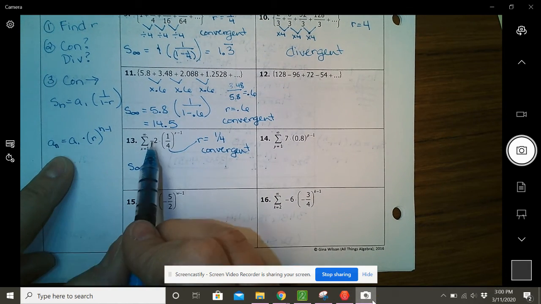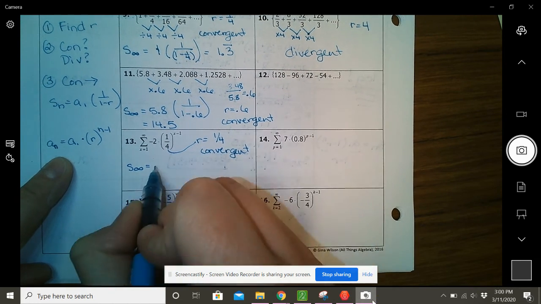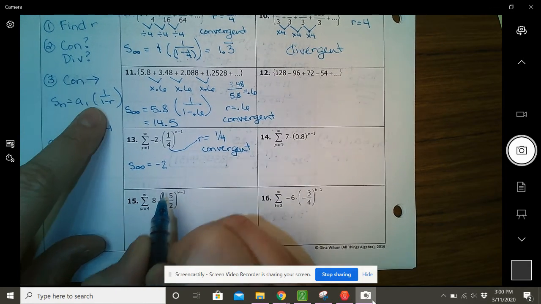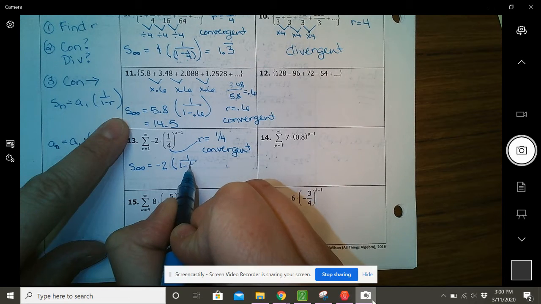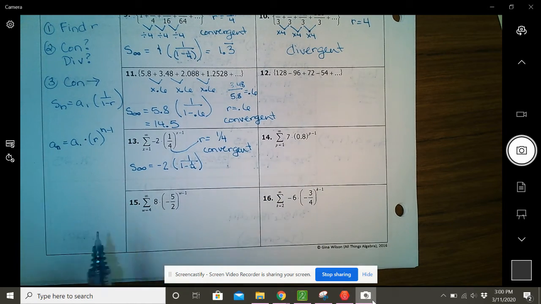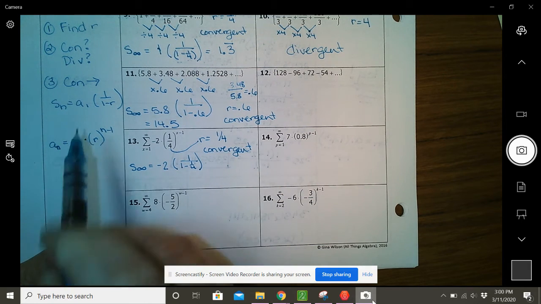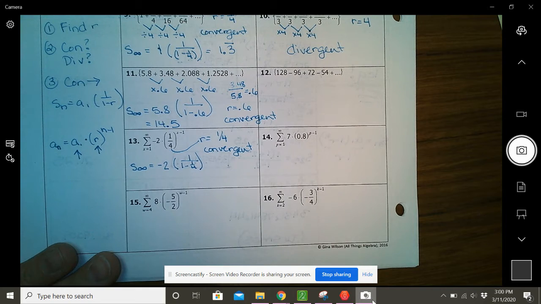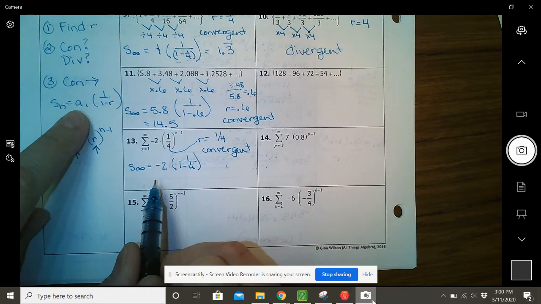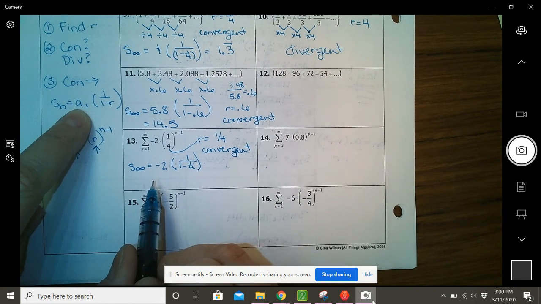So my first term here is -2 times 1 over 1 minus the R value of 1/4. So we're using both formulas at the same time here. We're using this one to recognize where the common ratio and where the first term is, and then we're plugging those into the series formula.